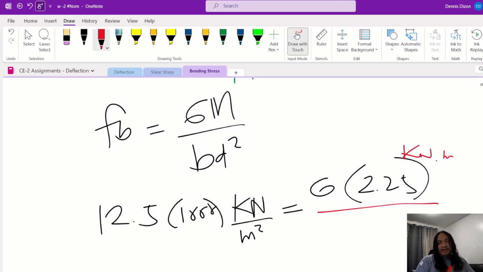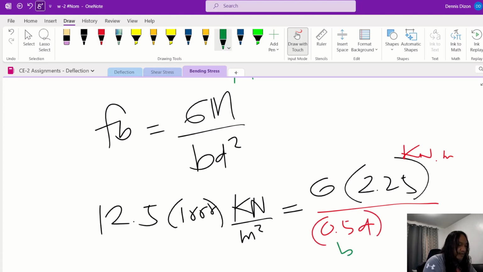We will solve first the depth. Your b is 0.5 d, so this is b, which is 0.5 d, and then d squared.